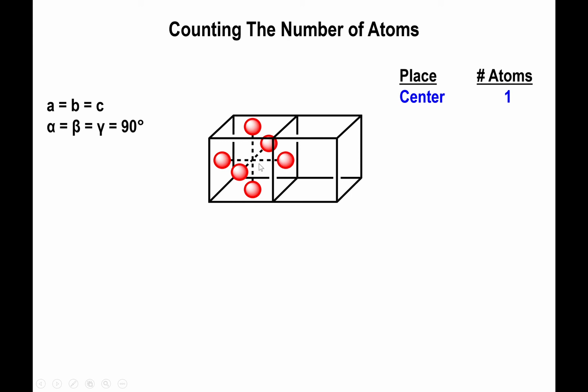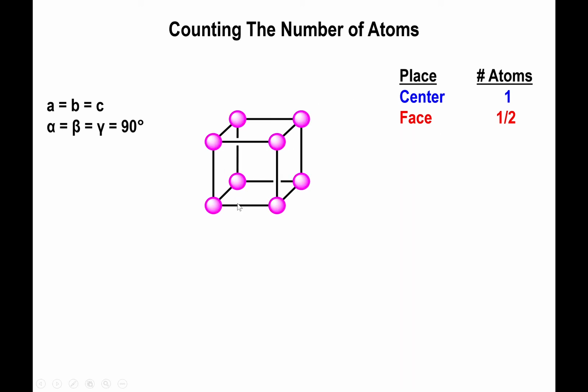Once I do that, there are no other cubes that I can draw that will encompass that particular red atom in the middle. What this tells me is that the atom in the face can be shared between two adjacent unit cells, so only 1/2 of it belongs to any one of the boxes. So face atoms only contribute half of themselves to the unit cell.